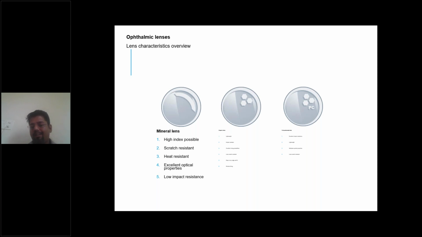It is lightweight, but the problem is that it has a very low Abbe value, and the clarity compared to CR39 is lower. Polycarbonate has only 92% transparency, whereas a nicely coated CR39 can give almost 99% transparency.